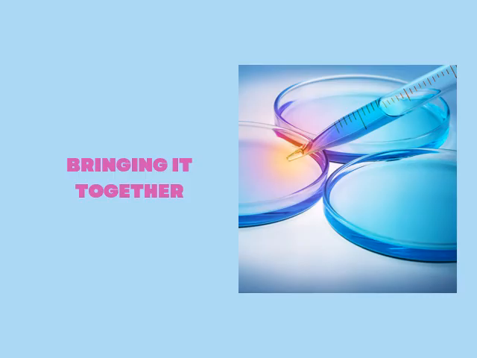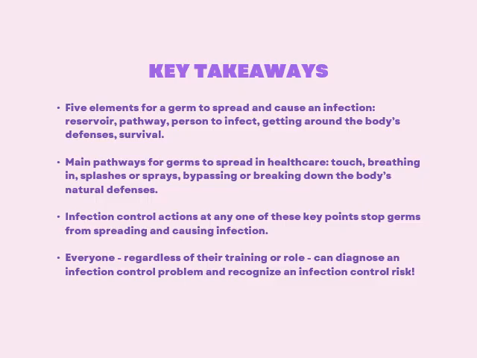We've covered a substantial amount of information today, so let's take a moment to revisit some key highlights. Understanding how germs spread and make people sick is an important part of recognizing the risk for it to happen and choosing infection control actions that will keep germ spread from happening, which protects your patients and yourself.